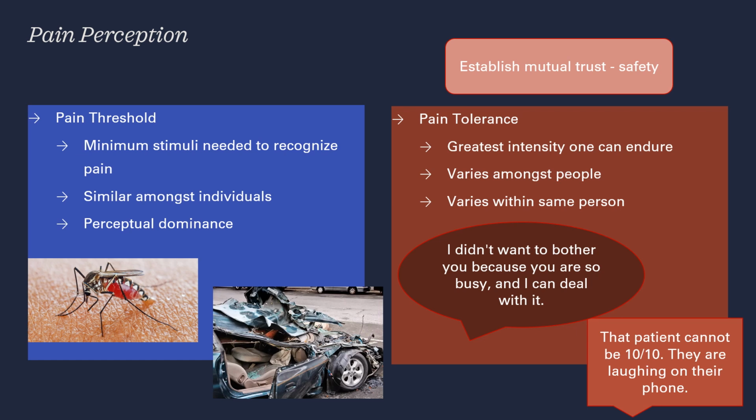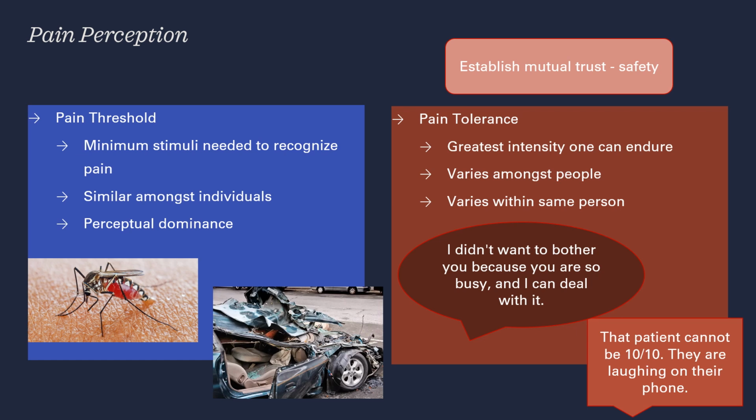A good example is the mosquito. A mosquito lands on your arm and bites you, injecting lidocaine, an anesthetic, into the area of the bite. Most people do not recognize that the mosquito has landed or even bitten you initially, because there's not enough of a stimulus from the small insect or the initial bite that injects the lidocaine.